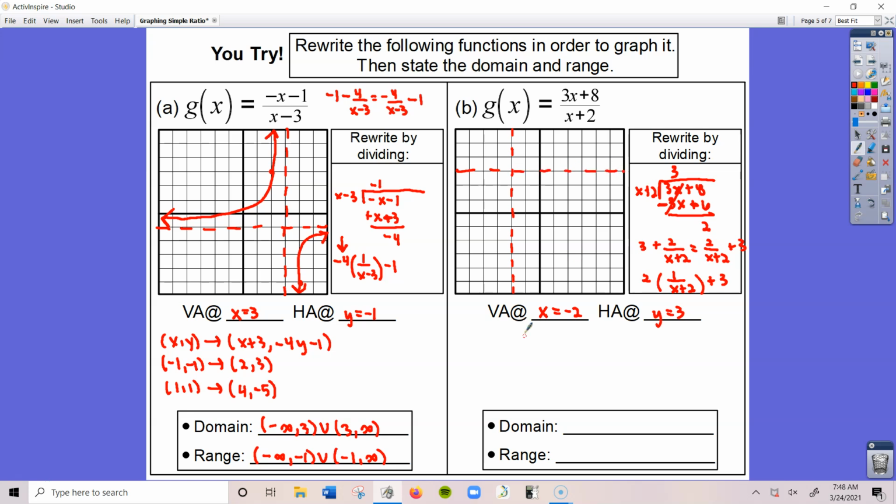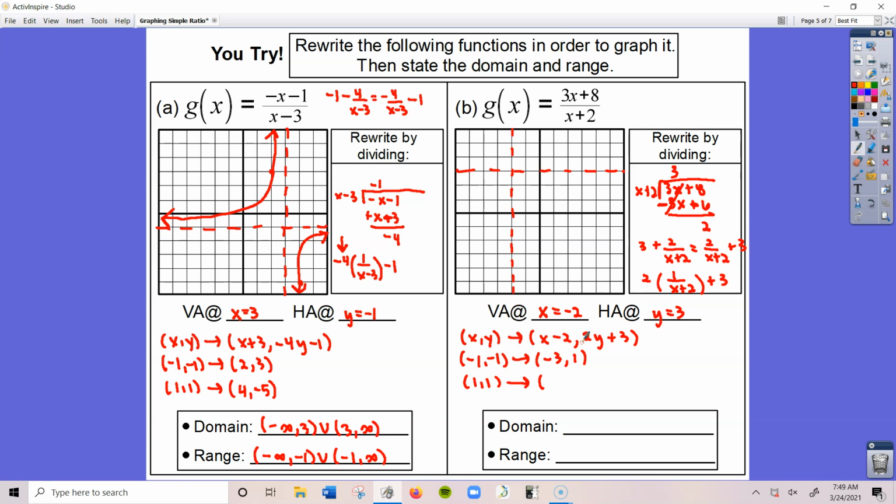Now we're going to write our rule of transformations. The rule for the x's would be x minus 2. And the rule for the y's would be 2y plus 3. Use our reference points, negative 1, negative 1, and 1, 1. When we plug in negative 1, negative 1, negative 1 minus 2 is negative 3. 2 times negative 1 is negative 2, plus 3 is 1.